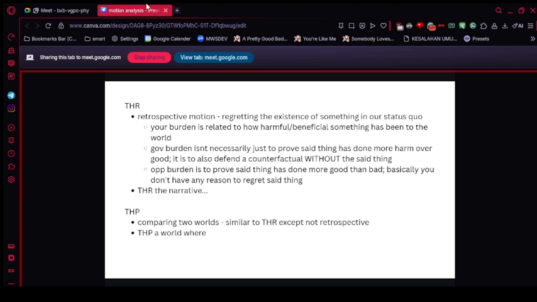Be charitable with this. Don't give yourself a very easy counterfactual to defend. Give yourself a very realistic counterfactual that you think the judge would think is okay, right? So what is likely that the judge wants you to defend as the opposition? Just think about it in that way. And then for the government, it's pretty easy. Just do what the motion tells you.